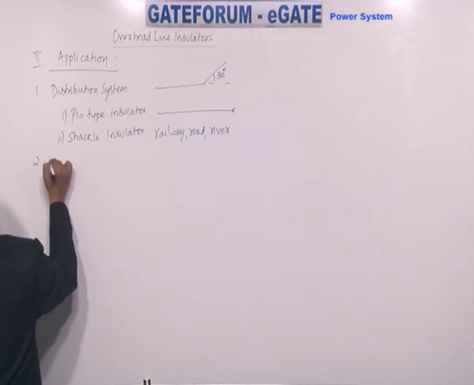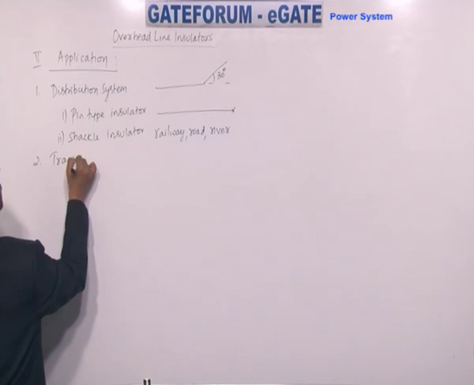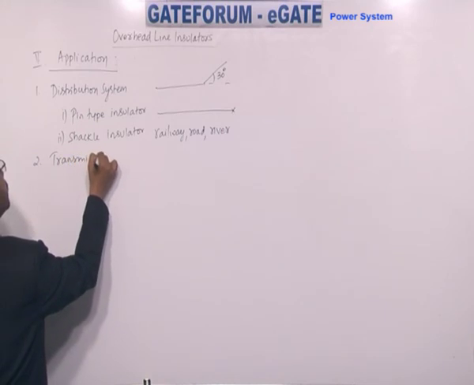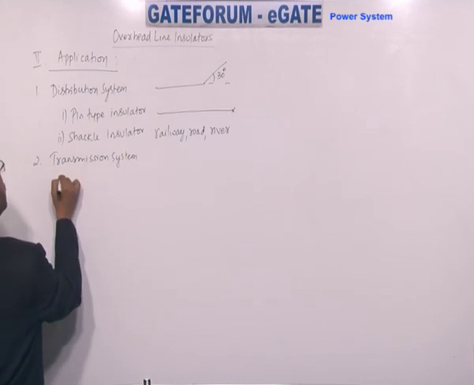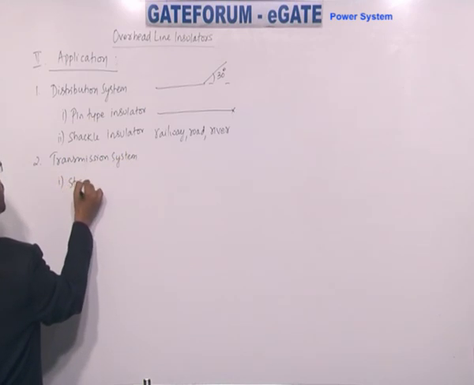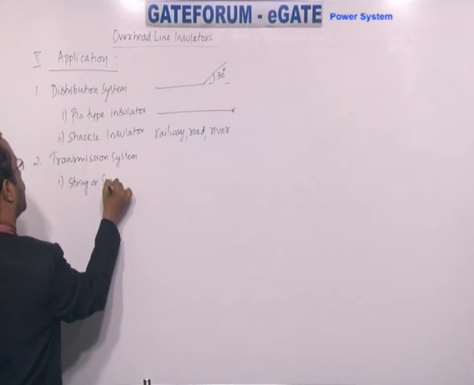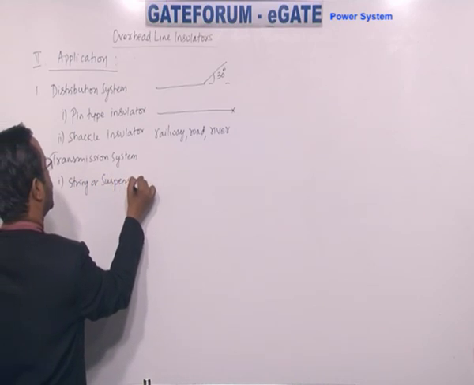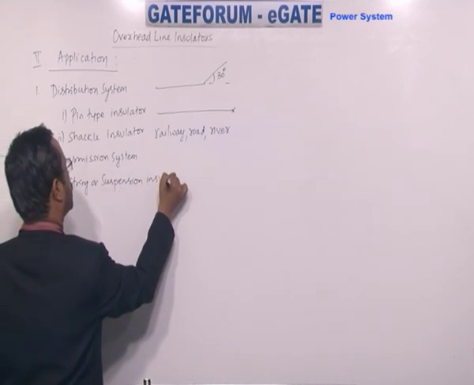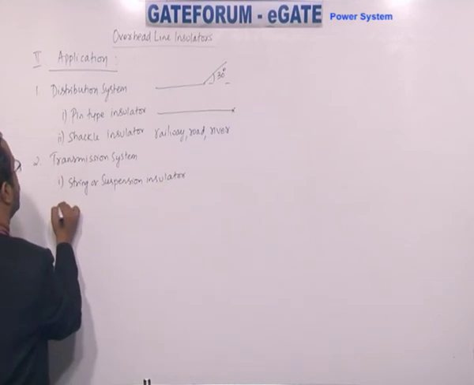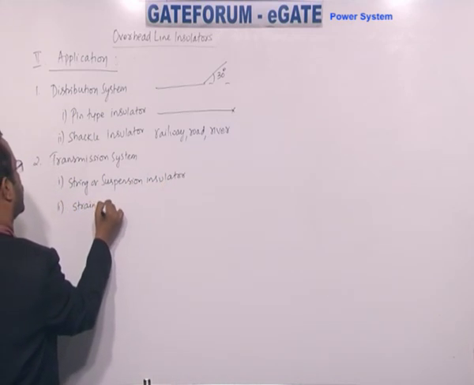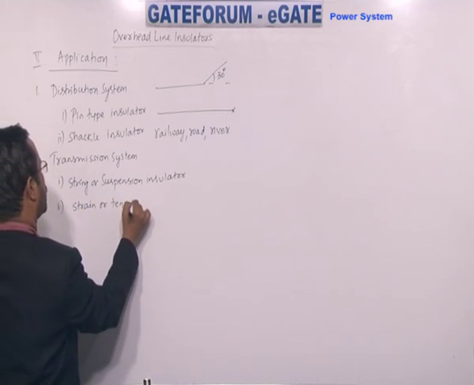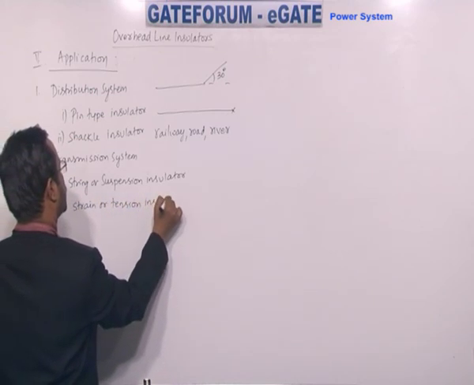And similarly for the transmission system, what about the classification? First we have the string or suspension insulator, and the other one you name as the strain or tension insulator.